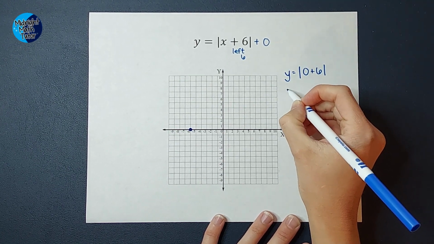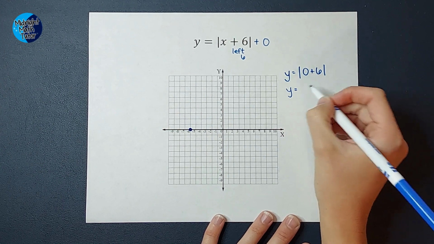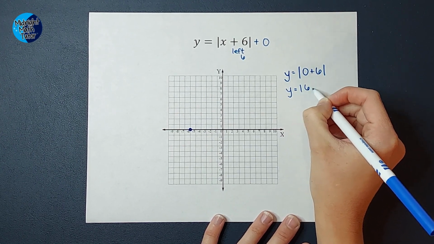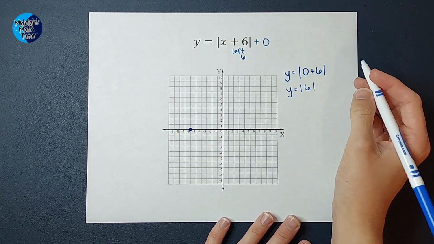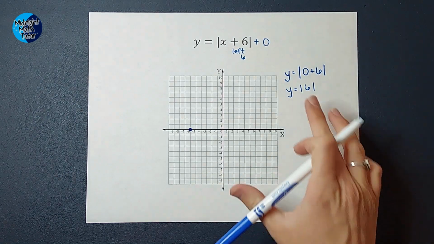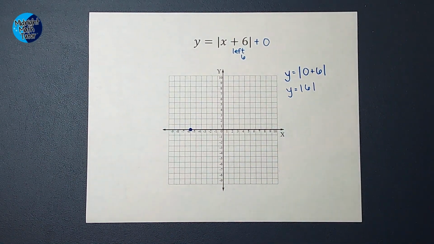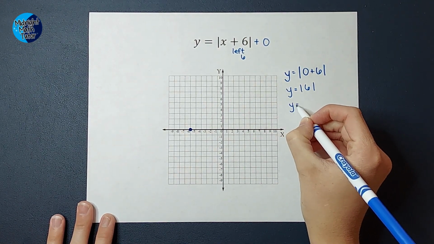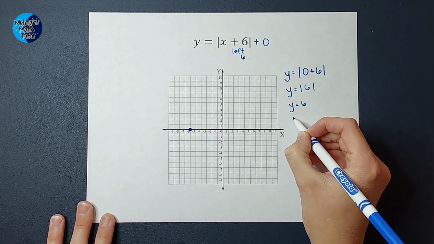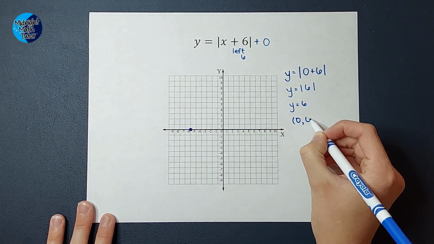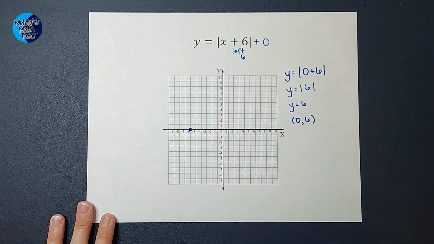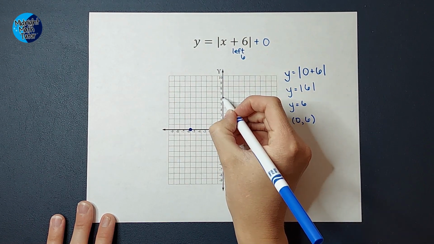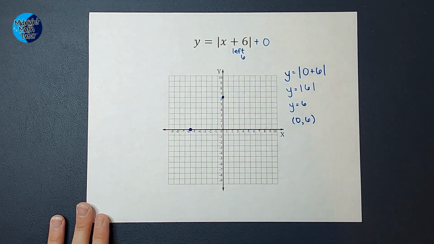So y equals the absolute value of 0 plus 6, which is 6. If you need an absolute value review, I'll link one in the corner. But this is just asking how far is 6 from 0? What's that distance? It's just 6. So y equals 6. When I plugged in 0 for x, I got 6 for y. So that point is right here.